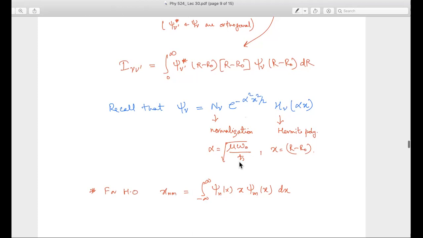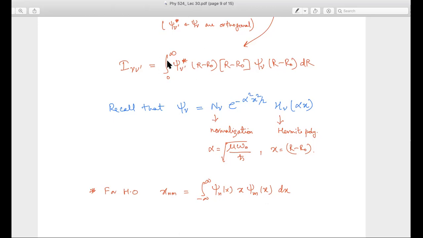So that was my alpha. Okay. So then I can just rewrite this integral in a form similar to the calculation of the x expectation value for the harmonic oscillator, right? So I had this kind of integral from minus infinity to plus infinity of psi n(x) x psi m(x).